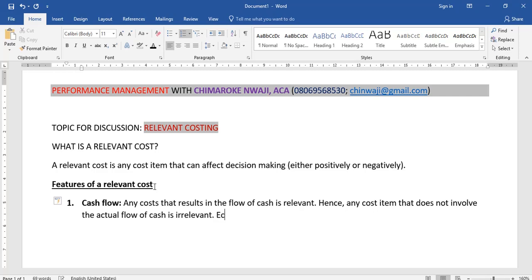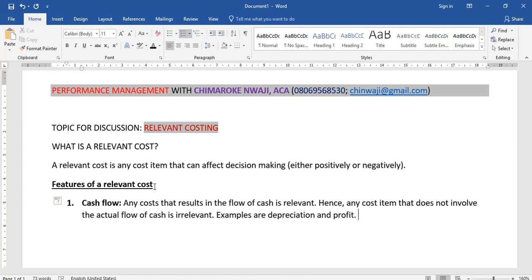Examples are depreciation and profit. Profit is not a cost item anyway, but I'm just showing you that profit is different from revenue. Profit is not cash, and cash is not profit.